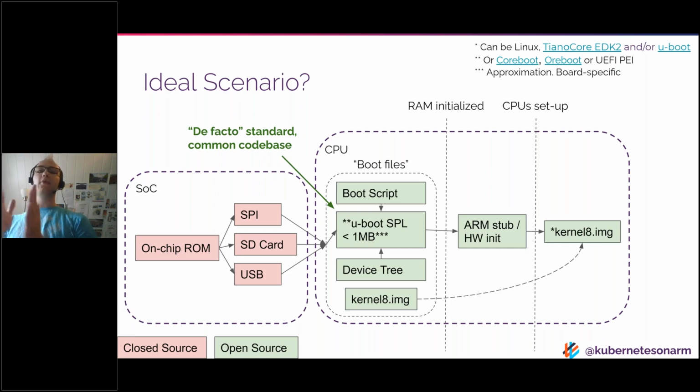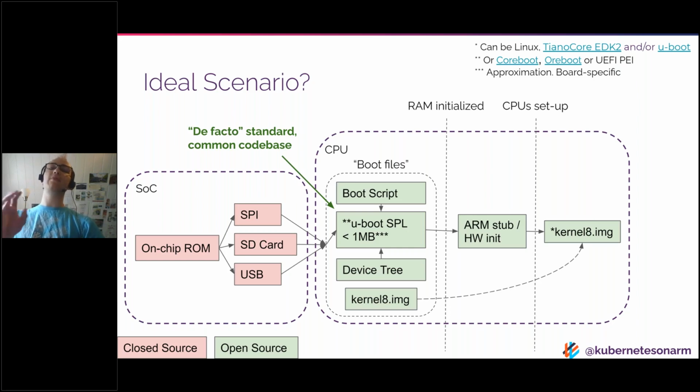But at this point we can load U-boot from the SPI flash or SD card or something like that. We can load in U-boot SPL or some coreboot or the other things I was talking about. And this can now initialize the RAM and do all of the things that we need. It can include some ARM stub, other hardware initialization procedure to set up the cores, and then we can run the kernel or the main executable that we want.